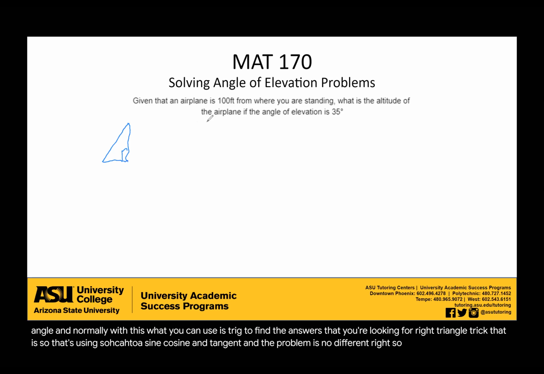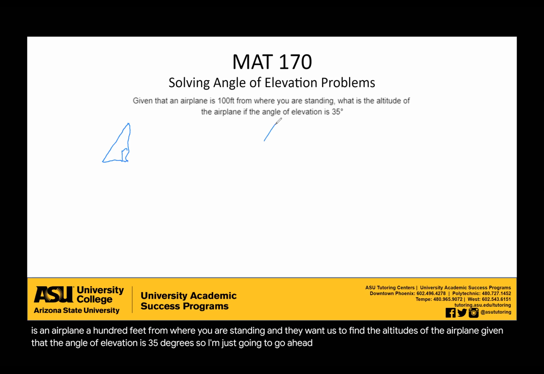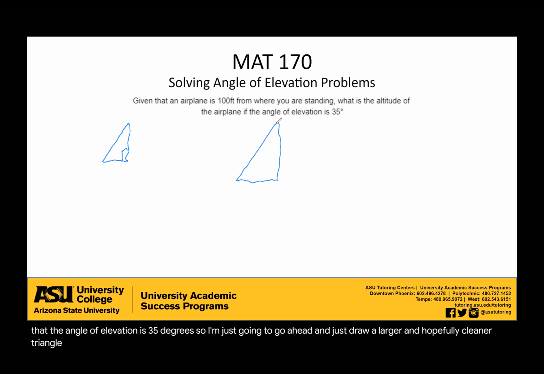We're being told that there's an airplane 100 feet from where you are standing, and they want us to find the altitude of the airplane given that the angle of elevation is 35 degrees. So I'm going to draw a larger and hopefully cleaner triangle. This is the right angle.